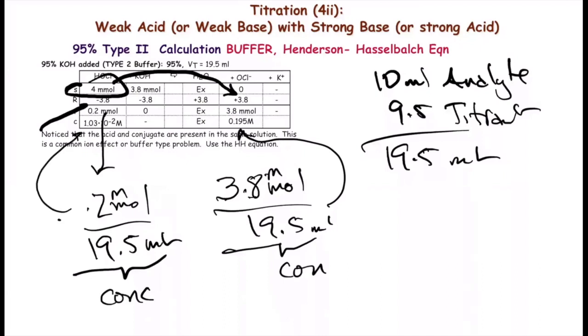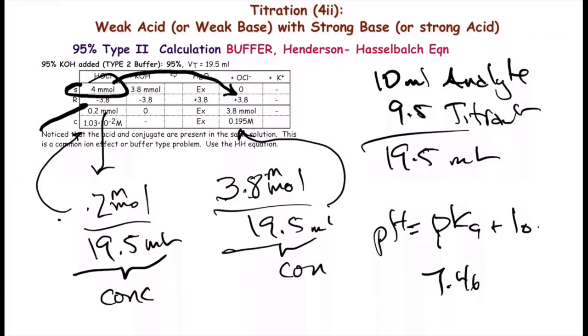This is the buffer. The pH is equal to the pKa, which we said was 7.46, plus the log of the conjugate base, 0.195, over the conjugate acid, 1.03 times 10 to the minus 2.